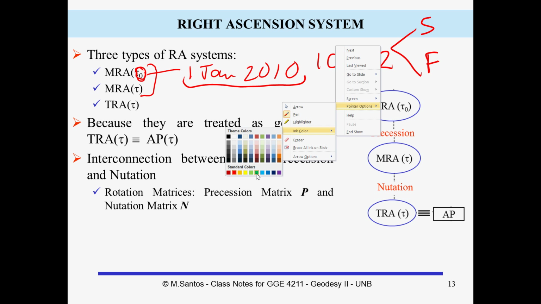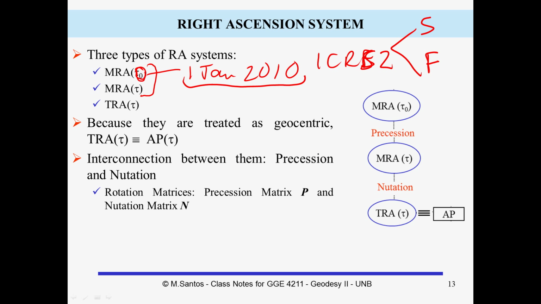Mean right ascension system at epoch tau 0, reference epoch; mean right ascension at epoch tau, and this epoch tau now refers to the date. Date for us is not a meeting, but the observation level, the epoch of the observations. And the true right ascension system, I'm going to talk about the basic difference between all these three.